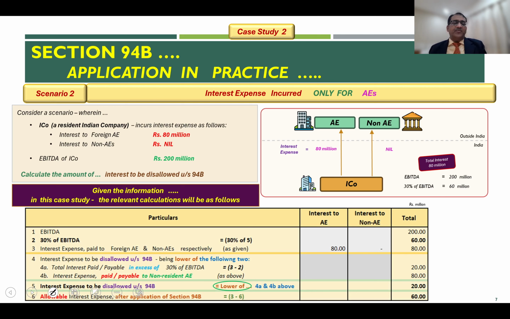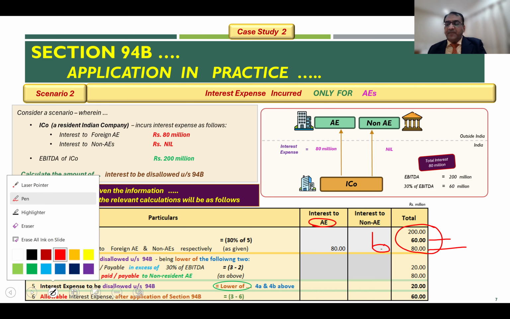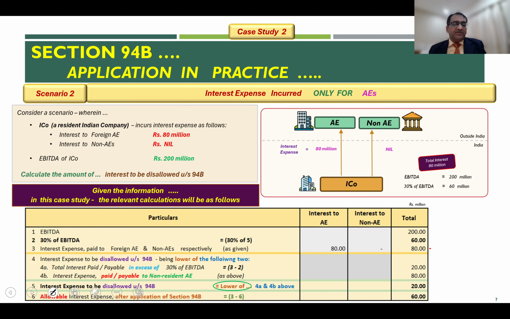Same way as we computed in the previous case study, 200 is your total EBITDA, 30% of that is 60. You are paying a total interest of 80, but this entire 80 is to AEs. Nothing is to a non-AE. And therefore, you are having a total interest of 80 as your expense. Now, you have to still compute these two numbers.